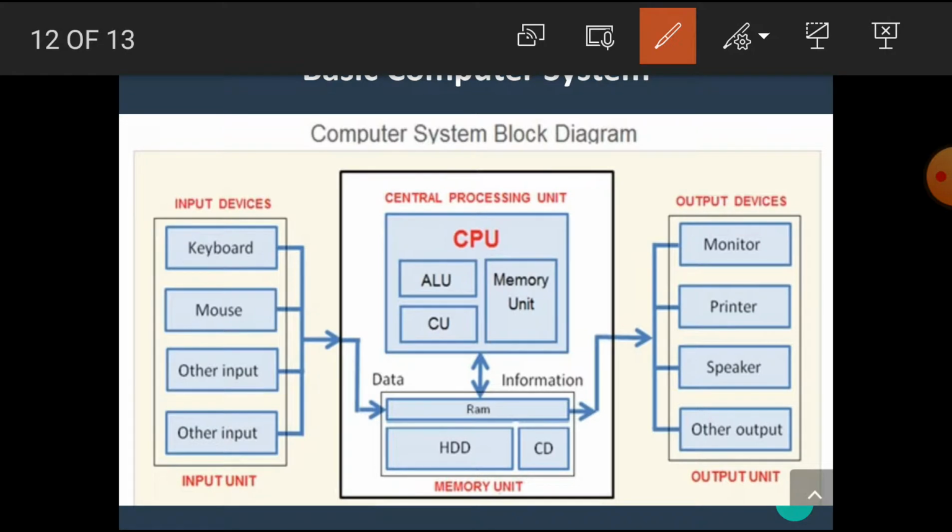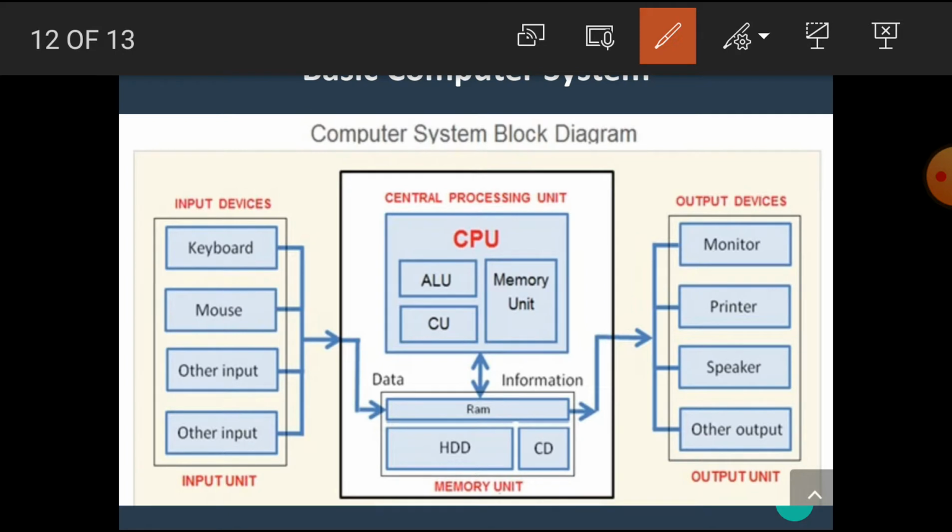These are the input devices like keyboard, mouse, and other inputs like scanners, which are connected with the CPU through the bus. Similarly, the output devices like monitor, printer, speaker are also connected with CPU through the bus. The buses are address bus, control bus, and data bus.